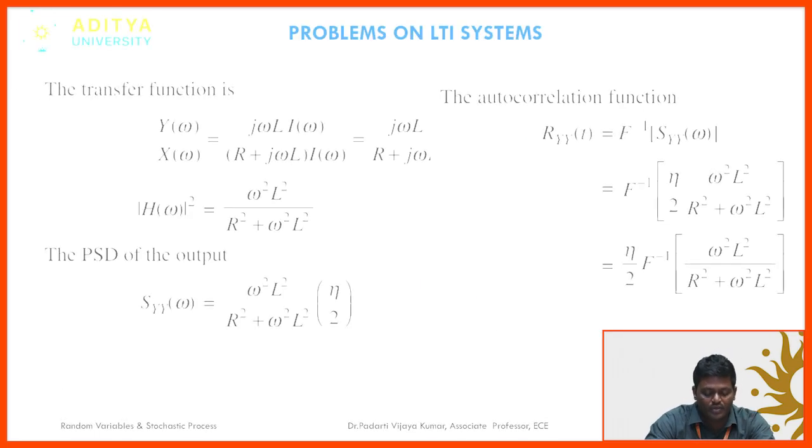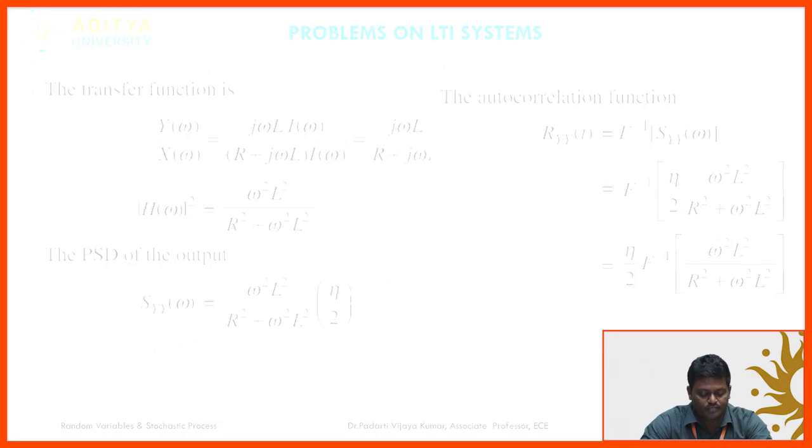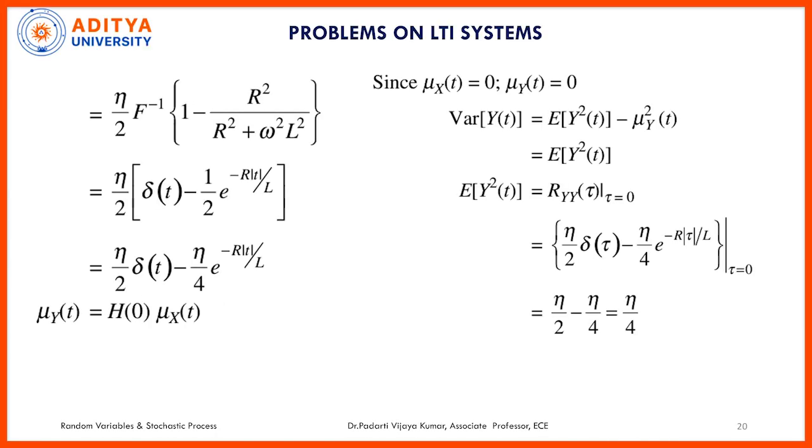So, applying this we will get Syy of omega as this one. Applying the inverse Fourier transform, we will get the autocorrelation function for this one. And next we are asked to compute the mean and variance. To compute the mean, this is the formula: H of 0, substitute H of 0 and mu x of t, we will get this one. Mu x of t is given as 0, so mu y of t will be 0.